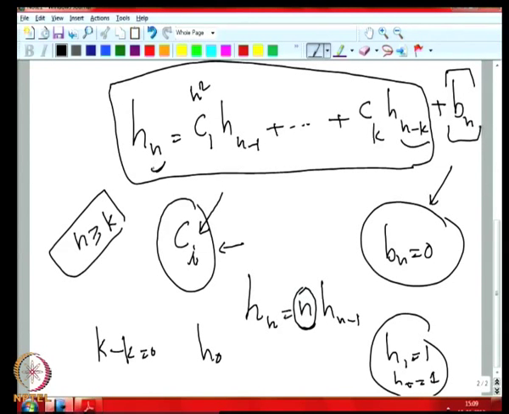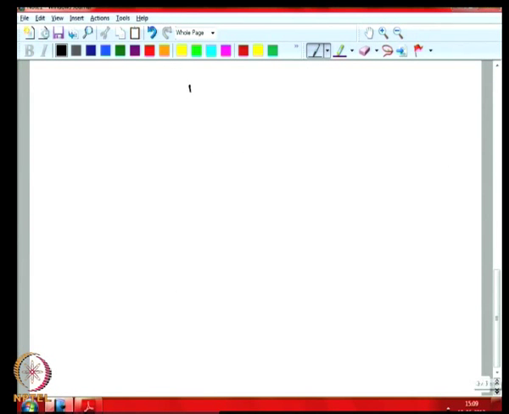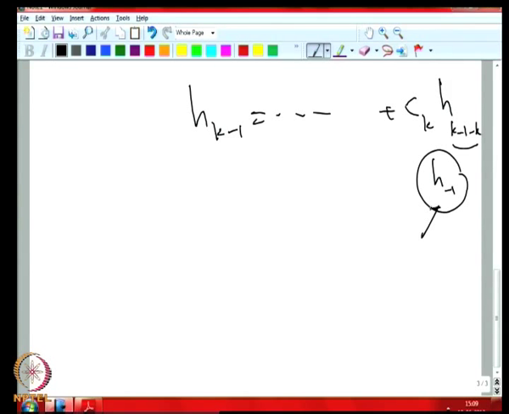If you had tried to write this expression for h k minus 1, that would be a problem, because the c k times h k minus 1 minus k term would be h minus 1, which is not defined, because our sequence starts from h 0, h 1, h 2 and so on.